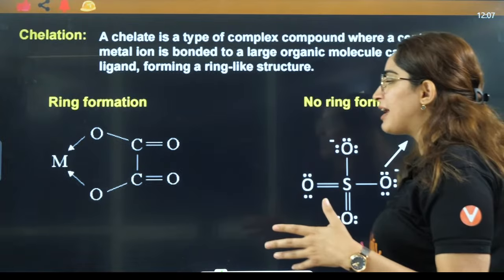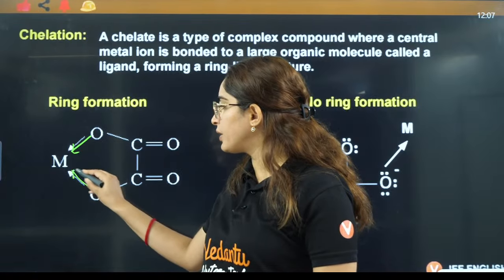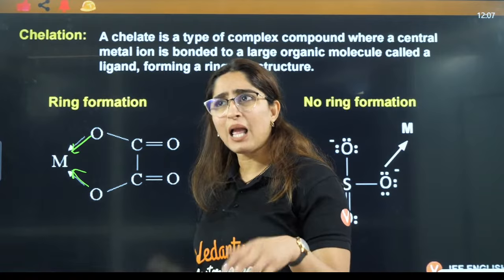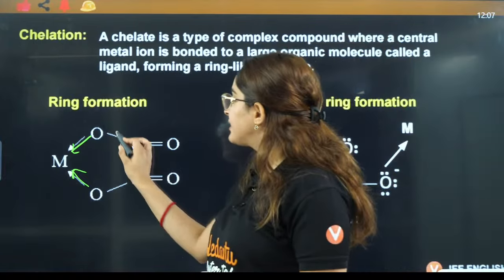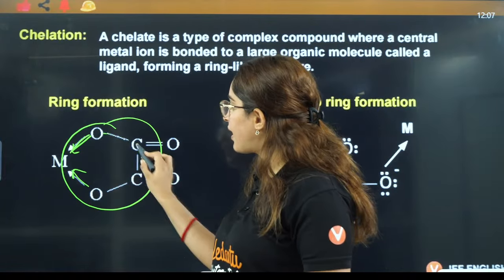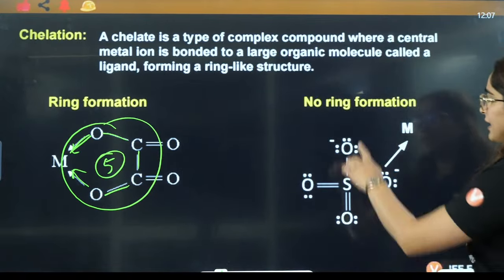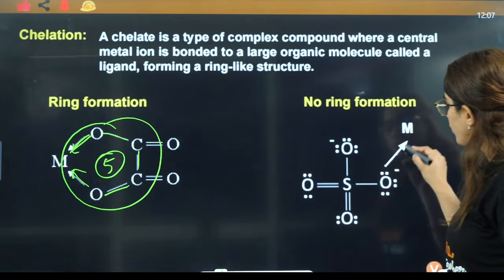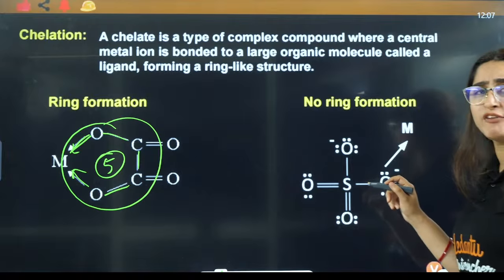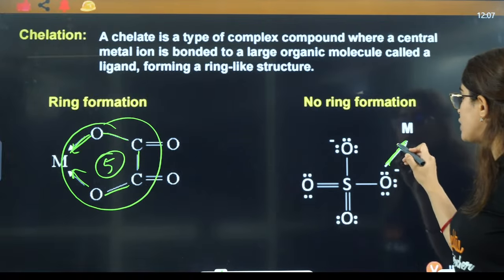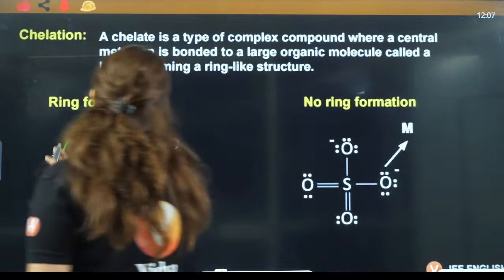Now, what is chelation? Chelation is actually when you have bidentate ligands, or ligands with more than two donating sites, and when they donate from their donating sites, they will form a ring. Like here it is a 1, 2, 3, 4, 5 membered ring. Here also, if you see, it has two donating sites, but at one point only one can donate, so it is not going to form any ring here.